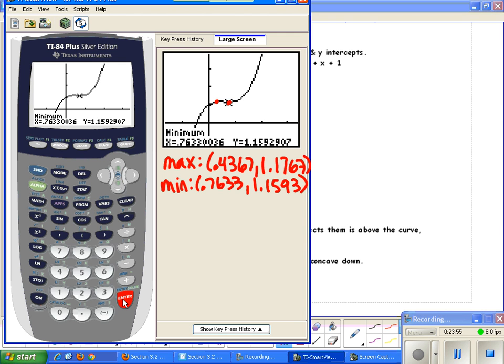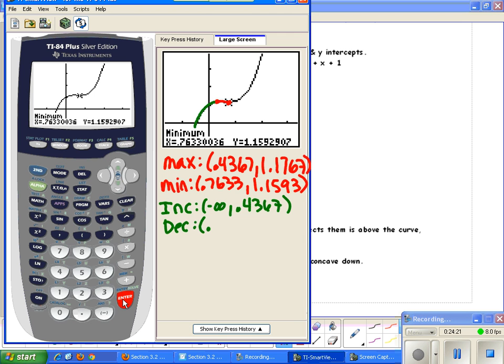So that means from left to right as I'm moving, from here to here, I am going to be increasing on my graph. So I'm increasing from negative infinity to the x value of my maximum, which we already wrote down was 0.4367. And then I'm decreasing on the next interval from here to my minimum.